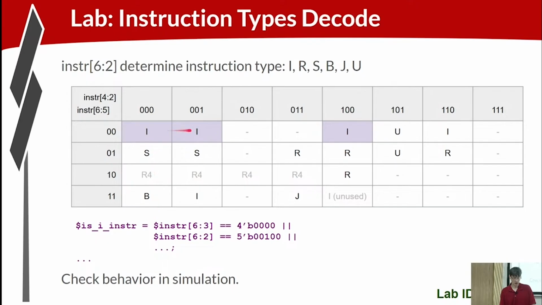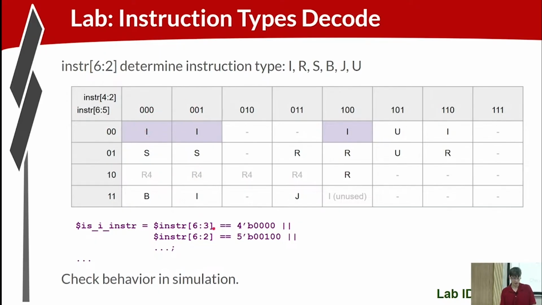So these two are covered by this first expression. If instruction bits 6 down to 3 are 0, 0, 0, 0, we're one of these two cells, right? I've not included bit 2 because bit 2 is the distinction between these two. They're both I. Right, so as long as bits 6 down to 3 are 0, 0, 0, 0, for both 0 and 1, it's I type.